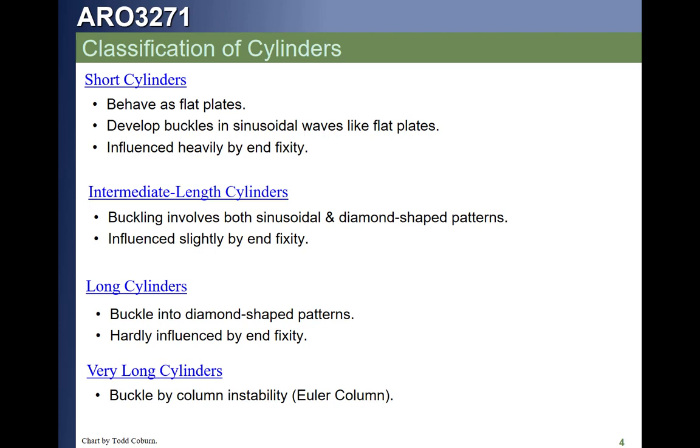Now, we're not going to do anything much different for accounting for these, because the equations that we're going to use will account for whether the cylinder is short, intermediate, or long. However, we will still need to be checking Euler buckling of our column if it looks like that might be critical, because the methods we're going to cover today won't pick up an Euler buckling failure.